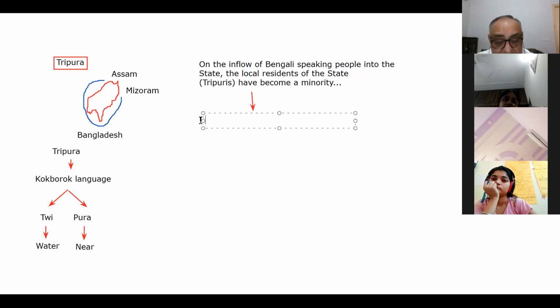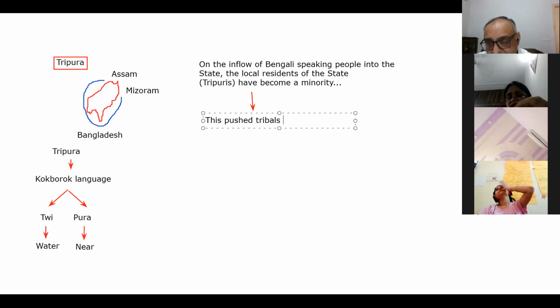So this, we can say, pushed the tribals, इससे जो वो tribal लोग हैं pushed tribals to the hills, right? उनकी जमीन ले ली गई, छीन ली गई, right? उनको hills में push कर दिया गया.